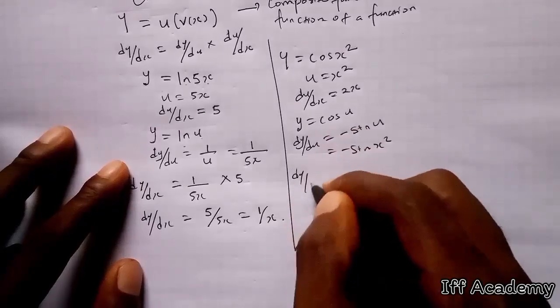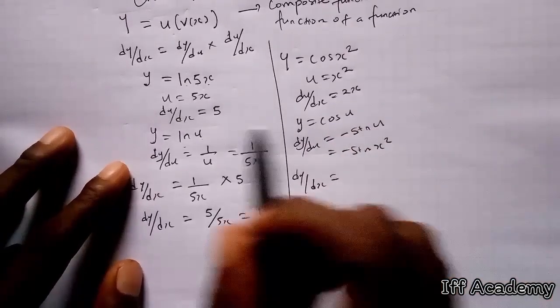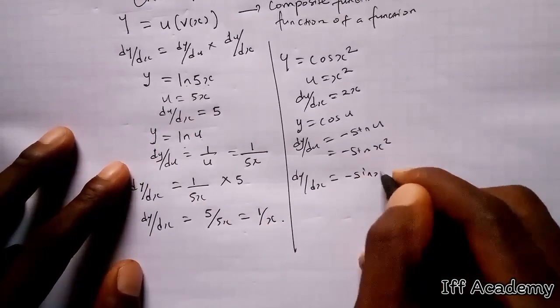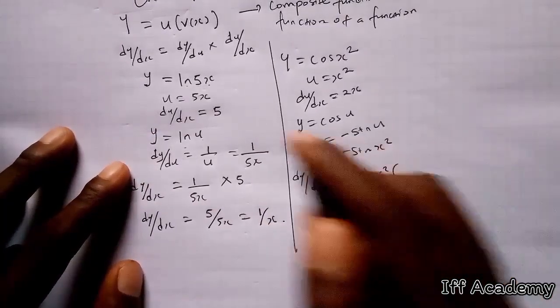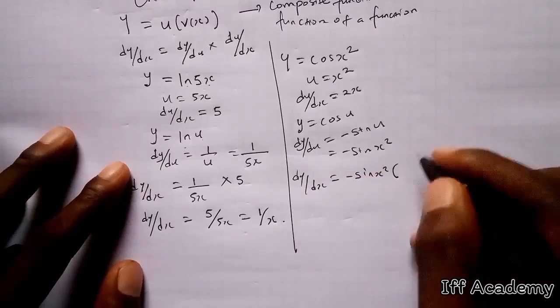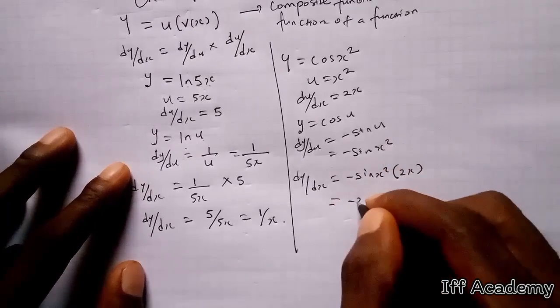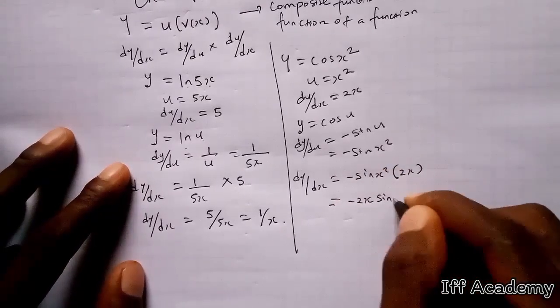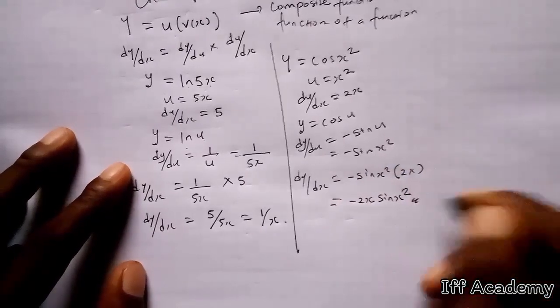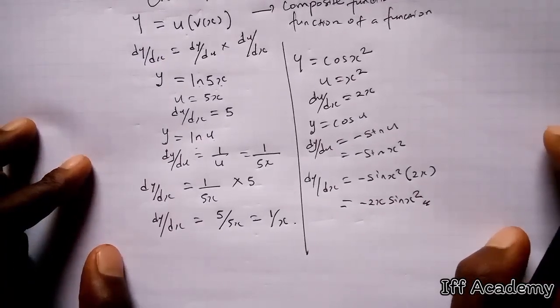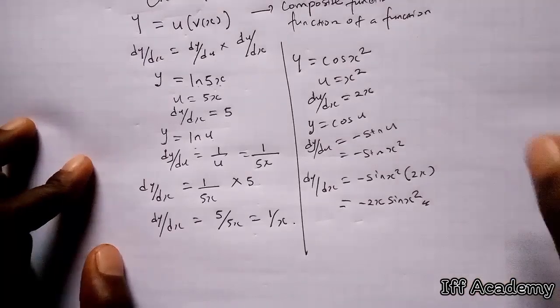So my dy over dx is dy over du, which is minus sine x square into du over dx, which is 2x. So my dy over dx becomes minus 2x sine x square. So that's it.